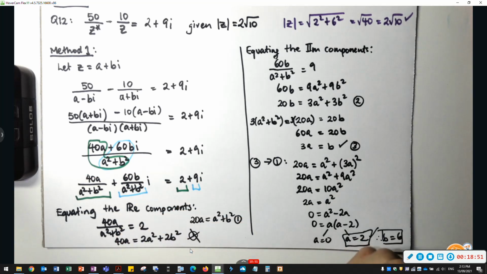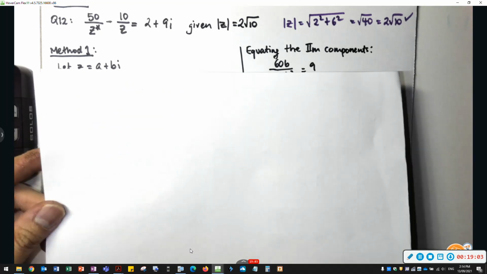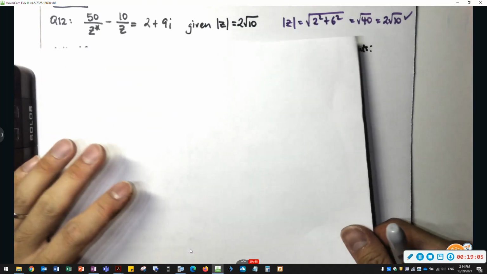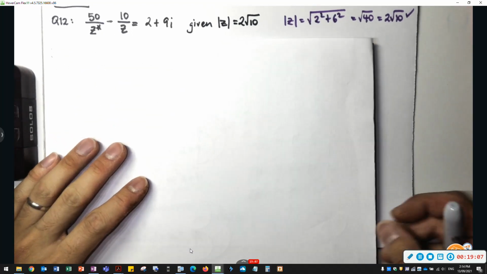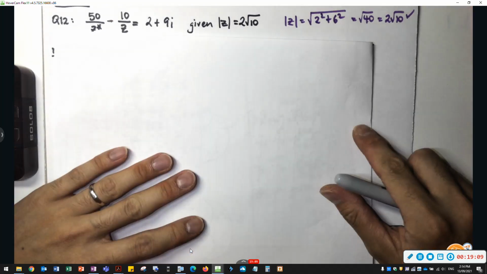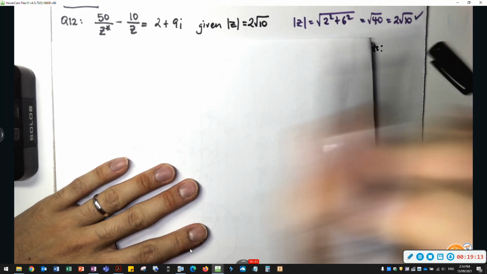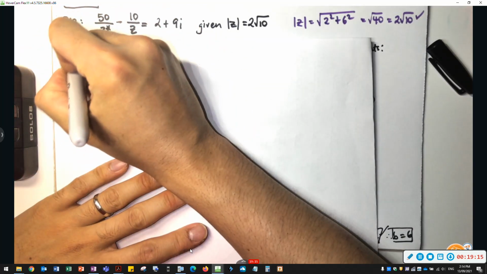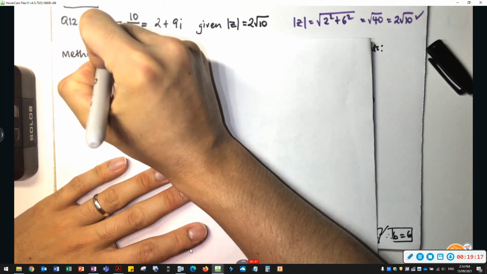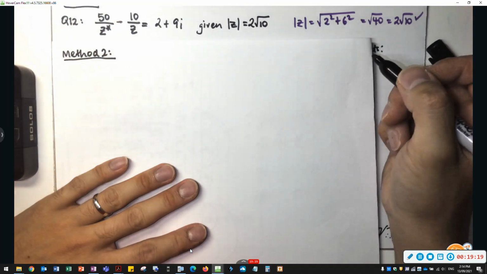So what happens when you use the properties of complex numbers to figure this one out? There's got to be a shorter process, and that's right. I'll just try to cover this up a little bit. Let's try this again. So we'll have a method 2, and you probably realize it already because you saw the multiplication process before.